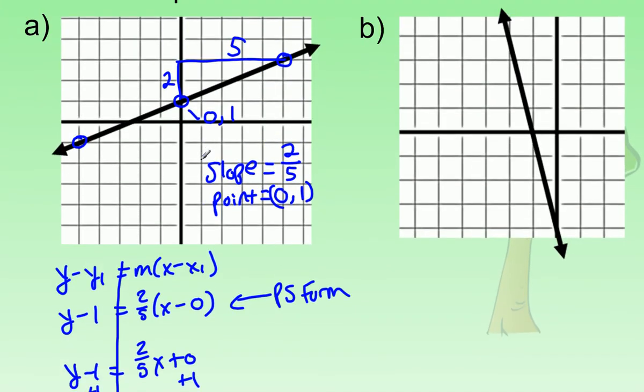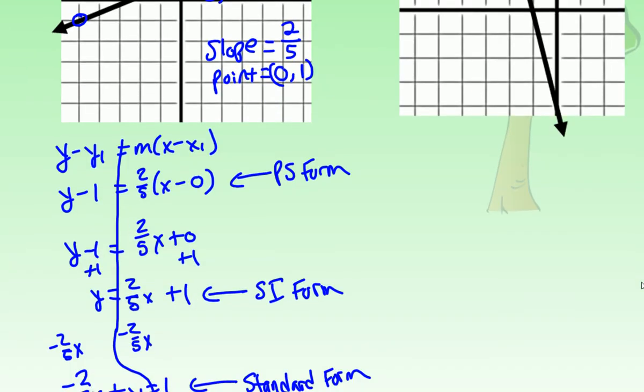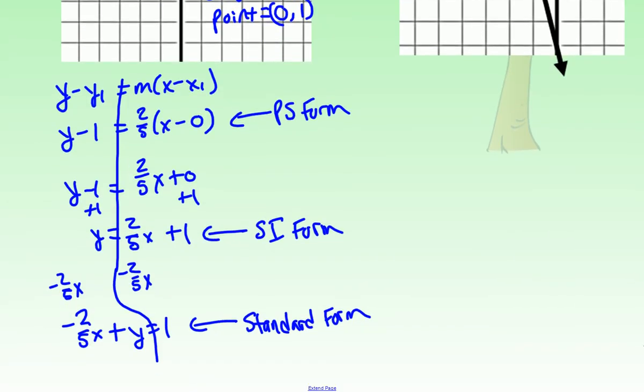So find a point, find a slope, plug them in, there you go. So it's the same method essentially. You just have to find the information yourself. Instead of it just telling you what the slope and what the intercept is, you have to go through and find the slope and intercept yourself.